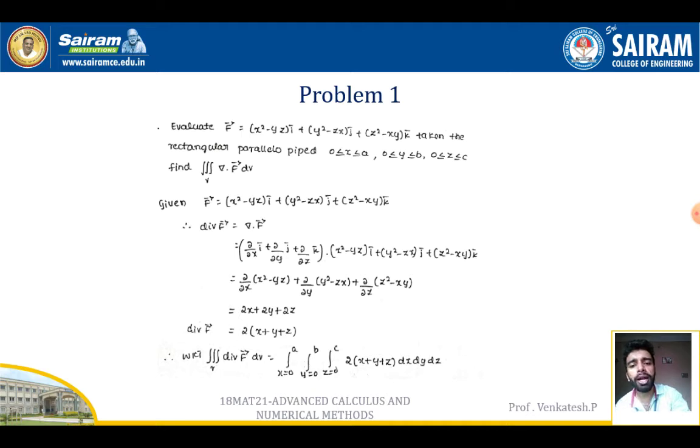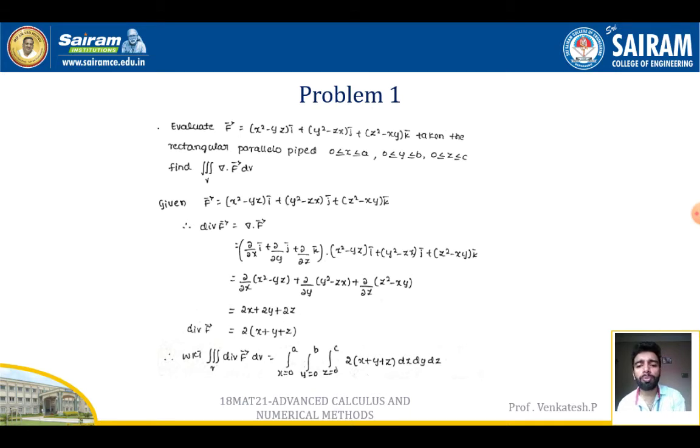So I will be getting dou by dou x of (x square minus yz) plus dou by dou y of (y square minus zx) plus dou by dou z of (z square minus xy). After differentiating x square minus yz with respect to x, I will be getting 2x, plus differentiating y square minus zx with respect to y, I will be getting 2y, plus differentiating z square minus xy with respect to z, I will be getting 2z. So div f is equal to 2 times (x plus y plus z).